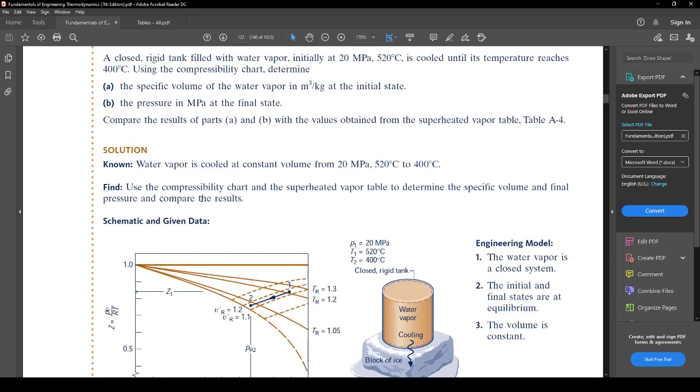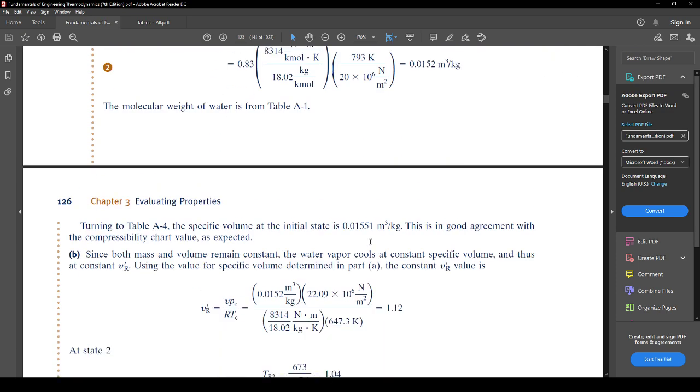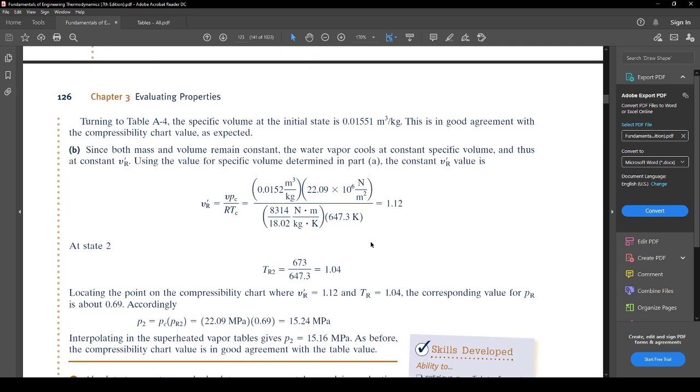Let me see. Then we have to find the pressure at the final state. So that is our next problem, is that we have to find the pressure. And so it says, since both mass and volume remain constant, the water vapor cools at constant specific volume, and thus at constant Vr prime. Pseudo-reduced specific volume, I think, is what they're calling it.